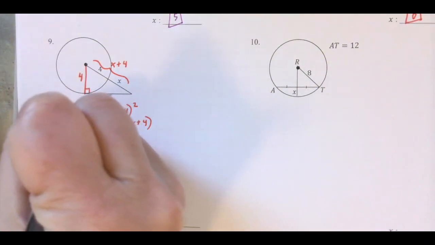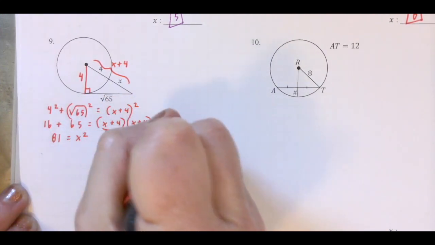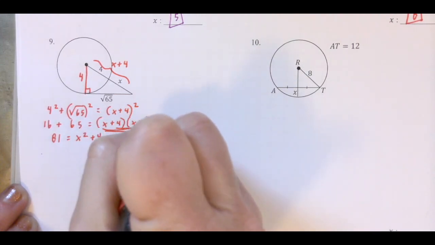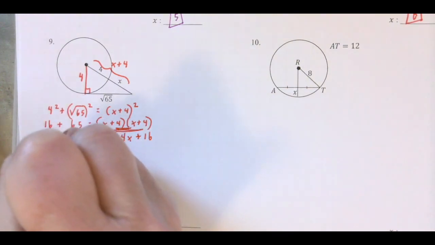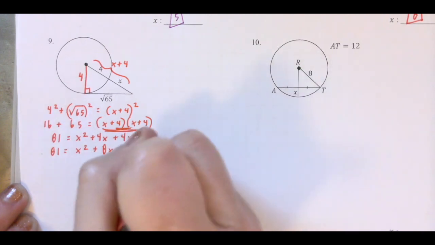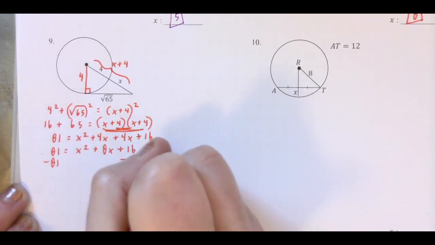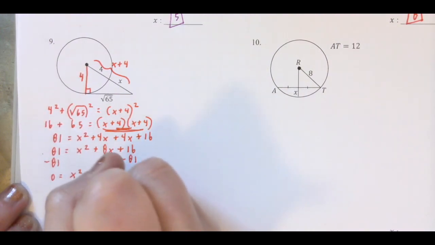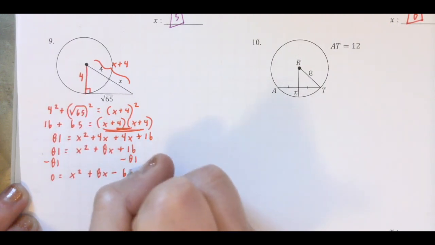So 81 on the left is equal to x squared plus 4x plus 4x plus 16. So 81 equals x squared plus 8x plus 16. Okay, take away the 81 from both sides. 0 equals x squared plus 8x minus 65.